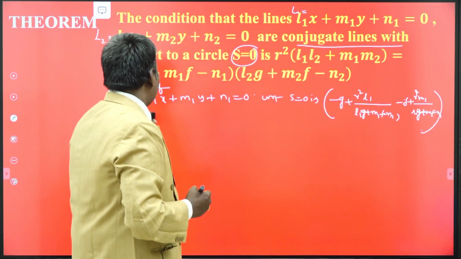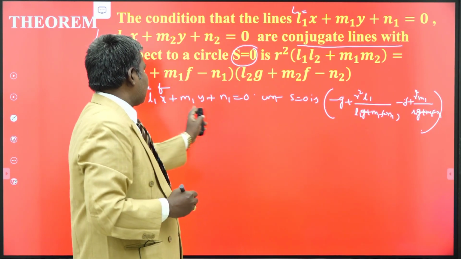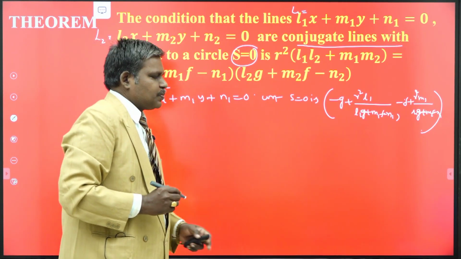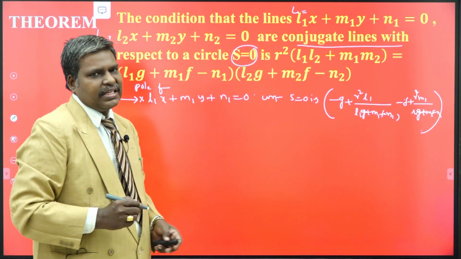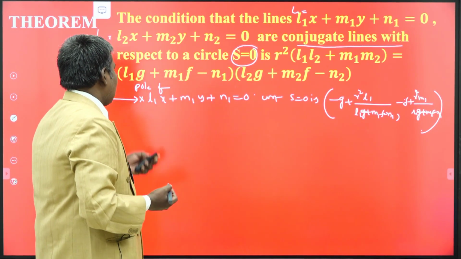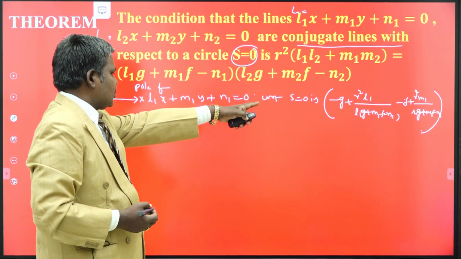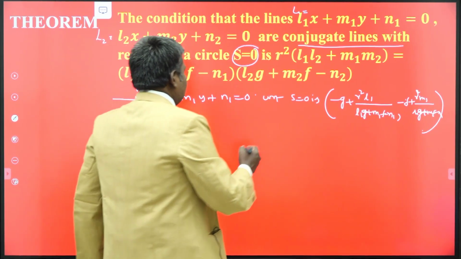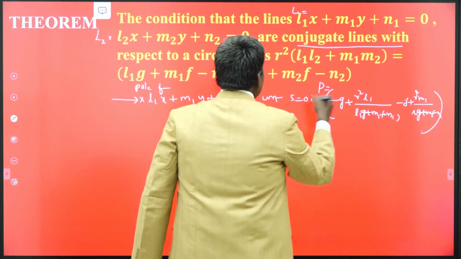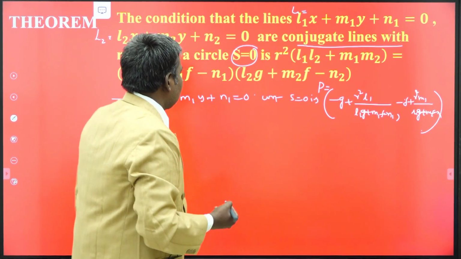This is the pole of the line L1x + M1y + N1 = 0 with respect to the circle. What is the radius of the circle? Since L1 = 0 and L2 = 0 are conjugate lines, that point, suppose say it is P, must lie on L2 = 0.